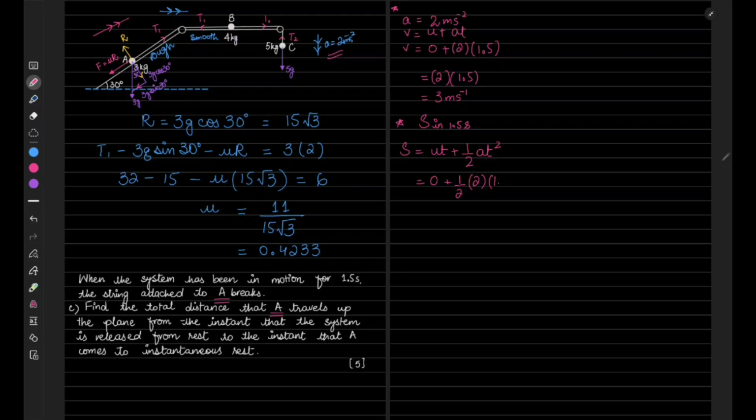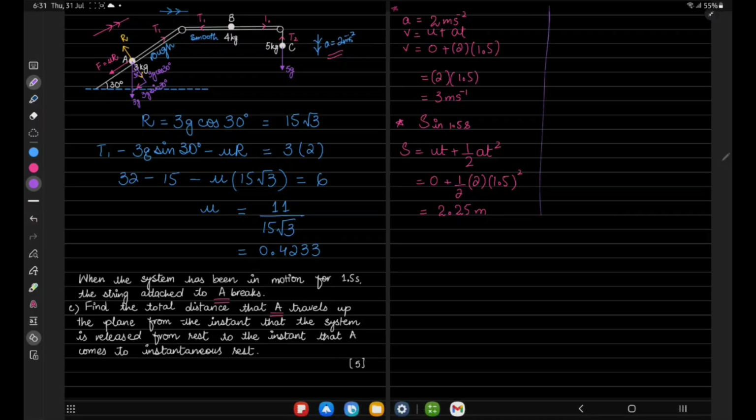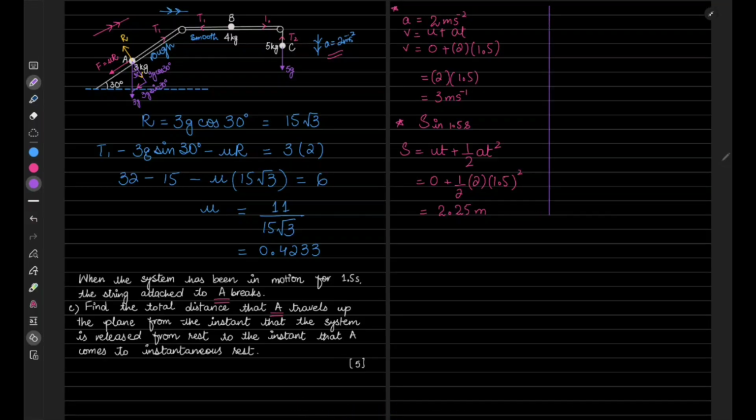So from here we'll get the distance it has covered in the initial 1.5 seconds when the string doesn't break. Okay, and this we'll get to be 2.25 meters. Now see, when the string breaks.